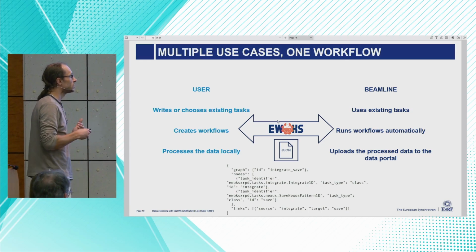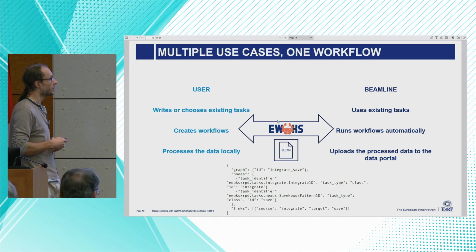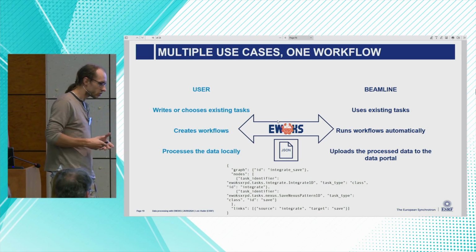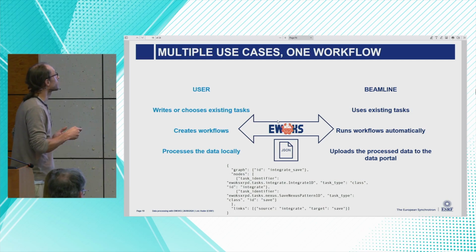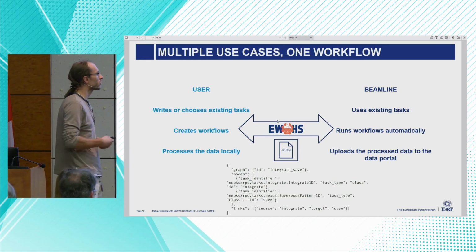And this way, we can easily change the processing that is run automatically at the beamline, because it's, again, using the same eWorks infrastructure that can be installed by the user or by the beamline. It is just a matter of plumbing.